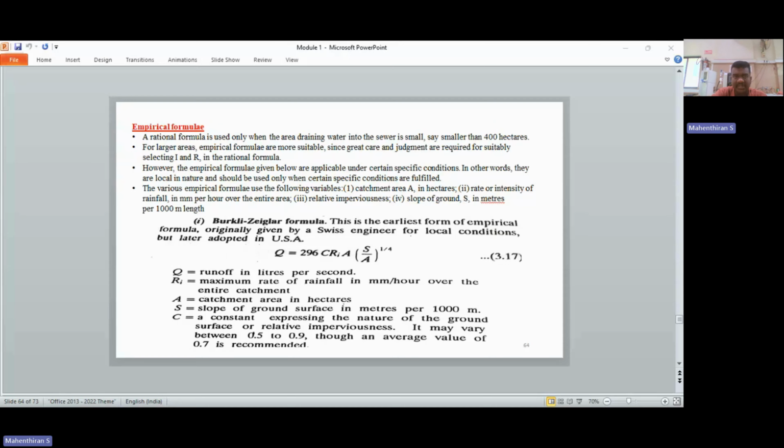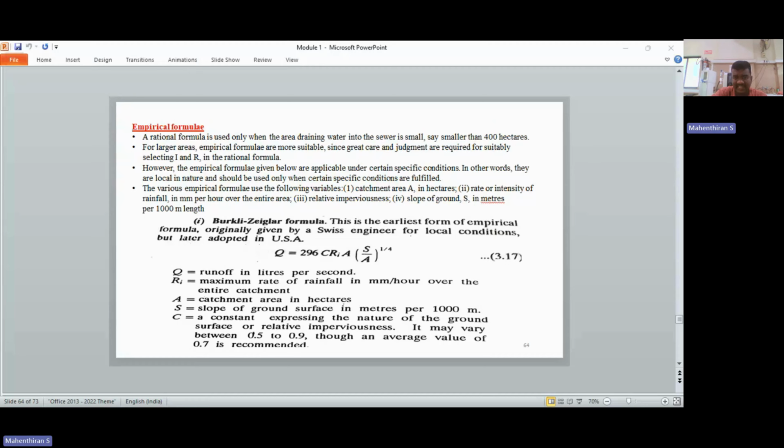Whereas C is equal to 0.9 can be used for highly impervious surfaces, clay soils, steep slopes, and dense urban areas. Whereas Ri is the rainfall intensity, given in units of mm per hour.